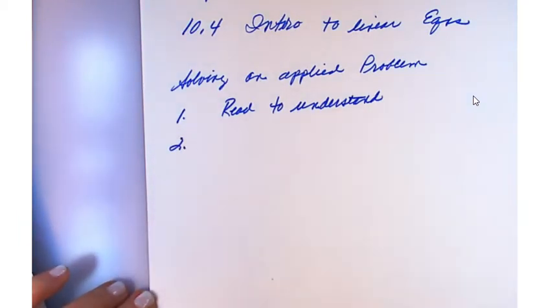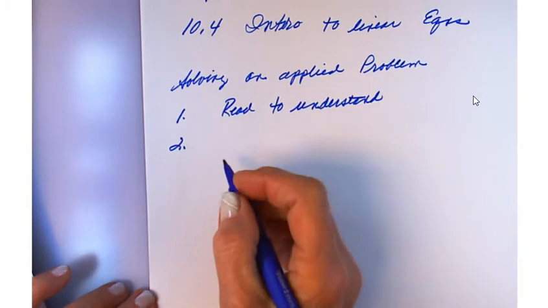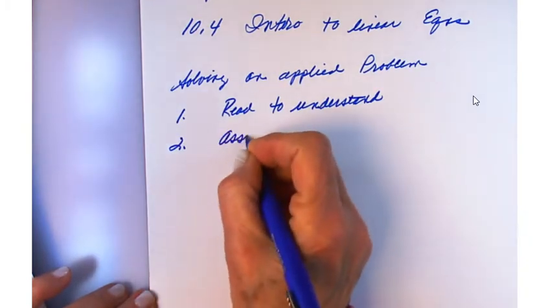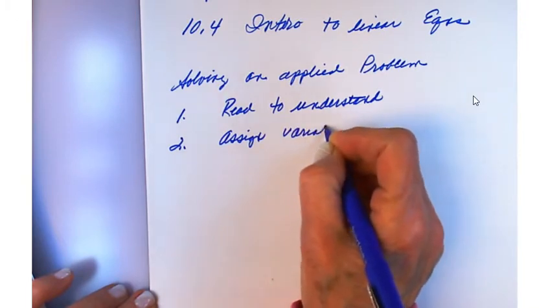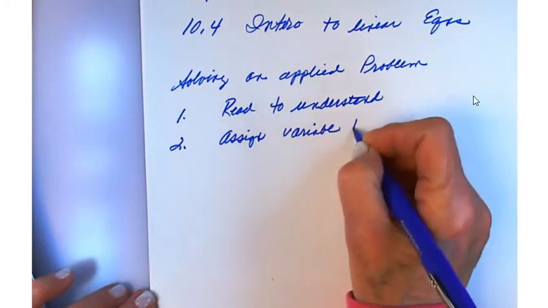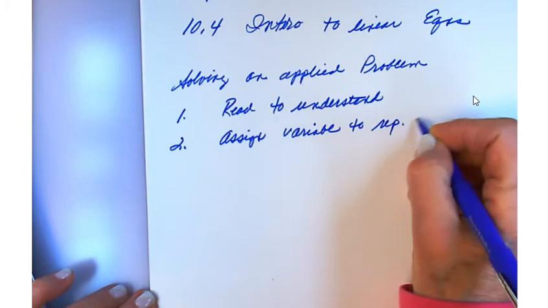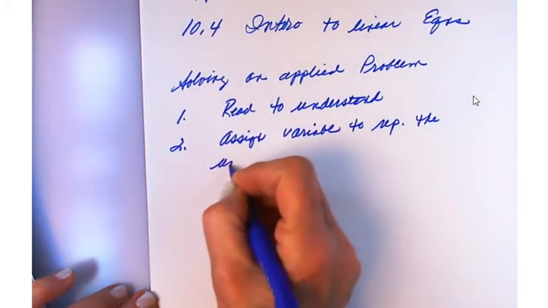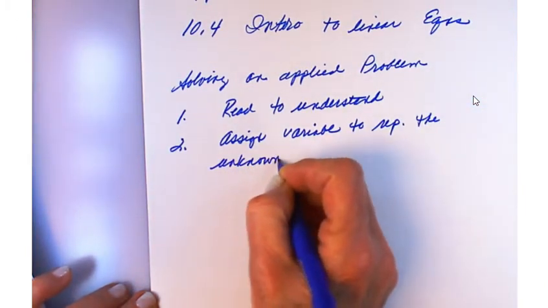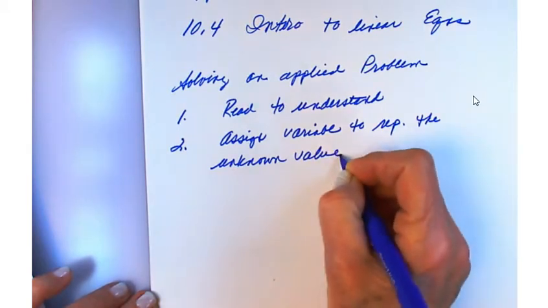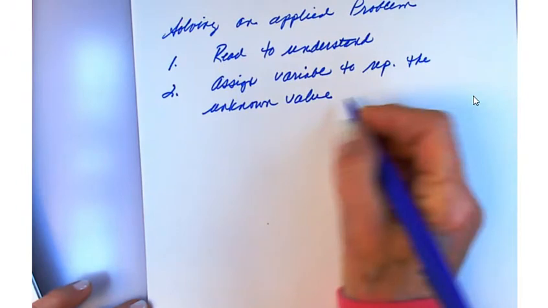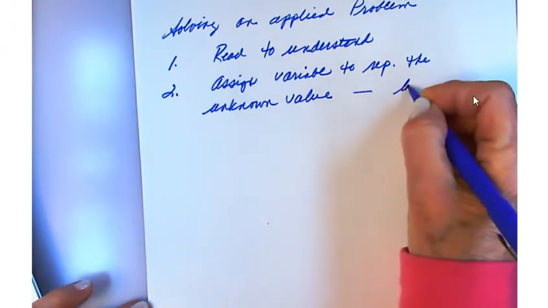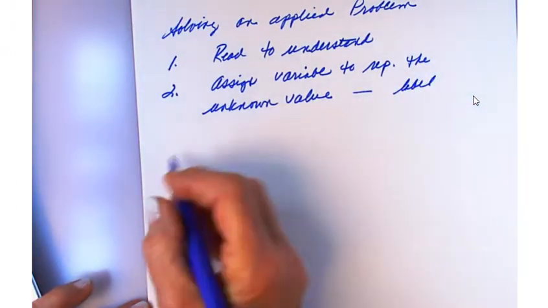So number two, which of course is very important, is assign a variable to represent the unknown value, which definitely, if we're drawing a picture, we want to label it for sure.